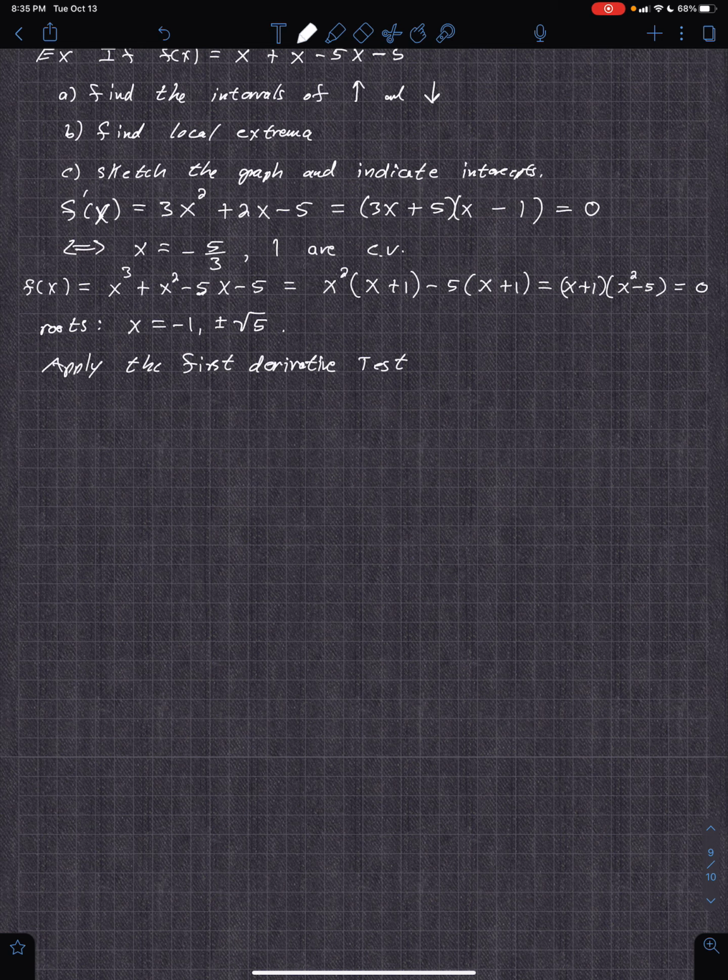So this one I'm going to be like the book, how it organized. So we're going to write down an interval. Then we're going to pick a value k. And then we're going to calculate our test value, which will be f prime of k, within the interval. Then we'll write down the sign of f prime of x, and then the conclusion.